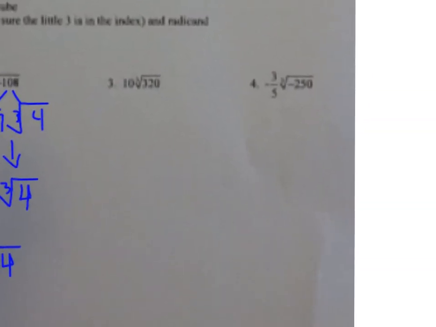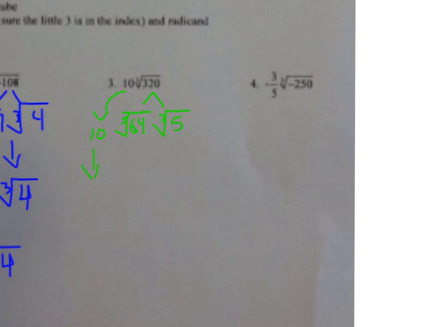All right, let's try number 3. Again, I have a coefficient on the outside, so I'm going to bring that coefficient down, 10. Find a perfect cube that goes into 320. Look at your list, use your calculator. That is 64. 64 times 5 is 320.